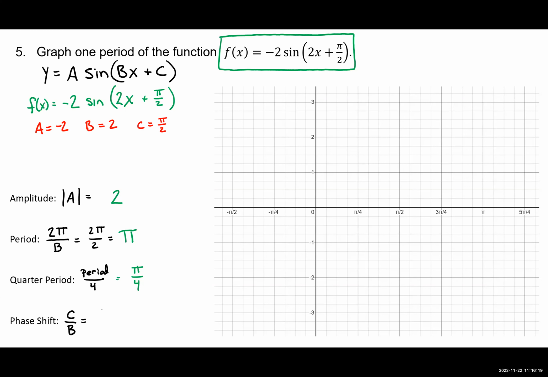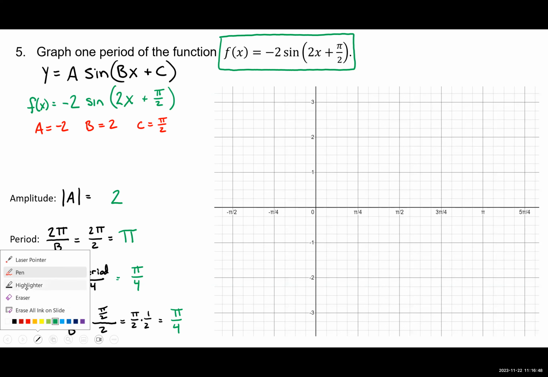And now our phase shift, well, C over B. So that's going to be pi over 2, that's C, divided by 2, which is B. So that's going to be pi over 2 times 1/2. Keep change flip. So our phase shift is going to be pi over 4.